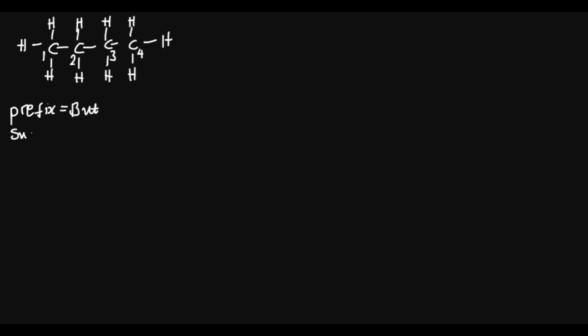Then the second one we need to consider is the suffix. So the suffix is the bonds between the carbon atoms. So we can see that we only have single bonds here, no double or triple bonds. So the suffix is ANE. Then from there you can now just connect the names. So we are going to have butane. So this is how to name a molecule from organic chemistry.